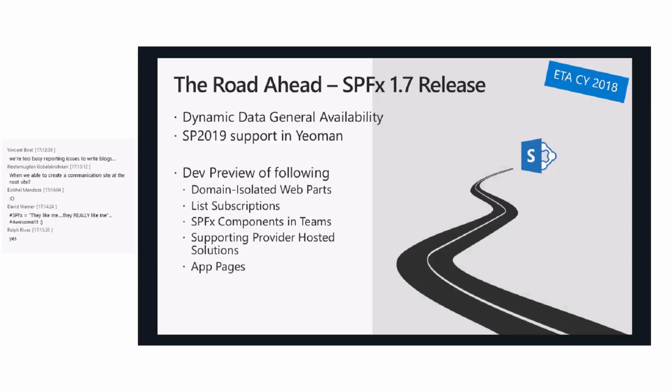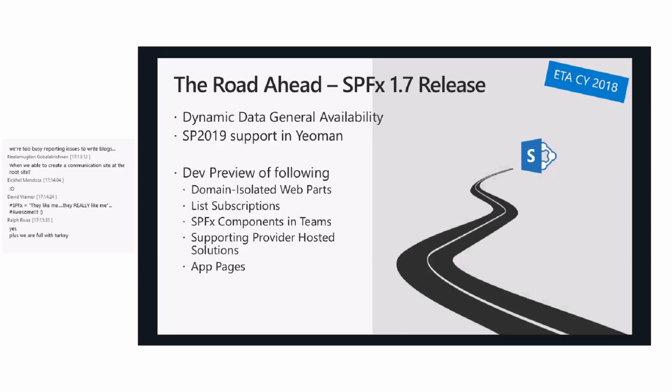So we need to release before Thanksgiving. But it also doesn't make sense to release new functionality just before Thanksgiving, because then we lose the momentum on the new capabilities. So you can figure out that it's a matter of days or weeks to get 1.7 out, rather than by end of this year.